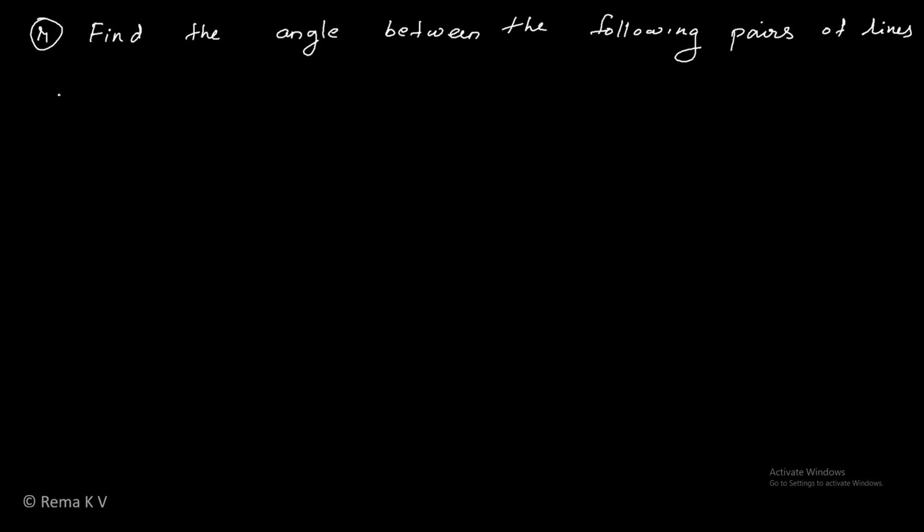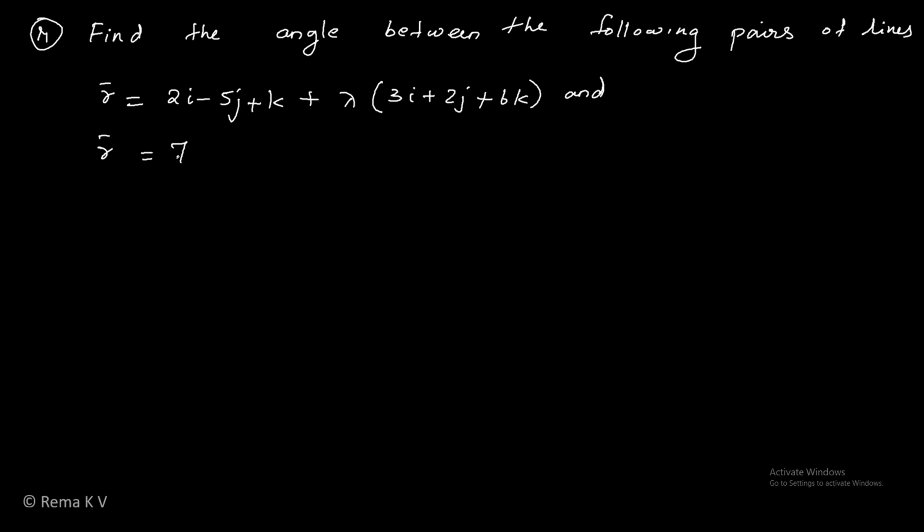The first one is vector r is equal to 2i minus 5j plus k plus lambda into 3i plus 2j plus 6k, and the second line is given as vector r is equal to 7i minus 6k plus mu into i plus 2j plus 2k.